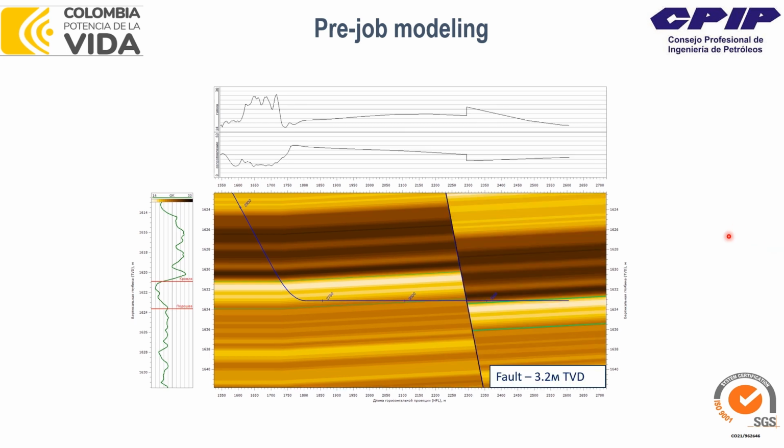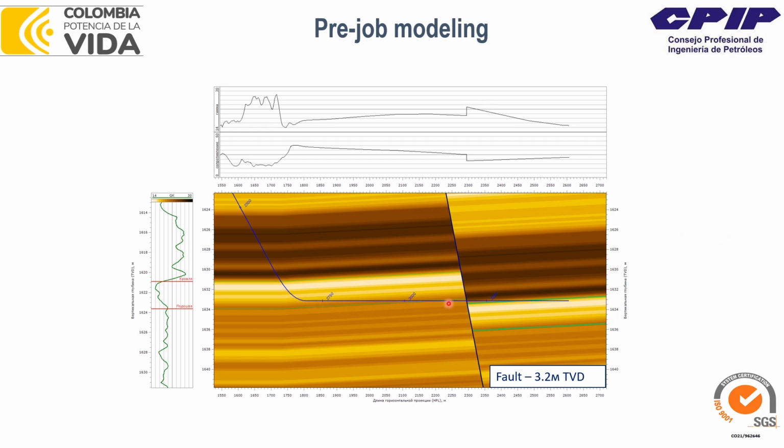So you see, we have a small fault, a relatively small fault here, just 3.5 meters amplitude throwing down. Faults with such amplitude are normally called micro faults, and you normally don't see them on the seismic because they are below the seismic resolution. But look what happened with our well.